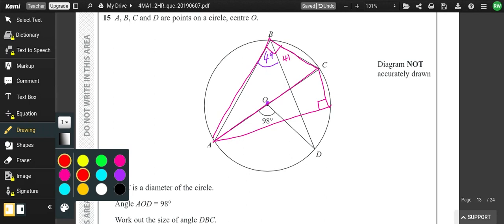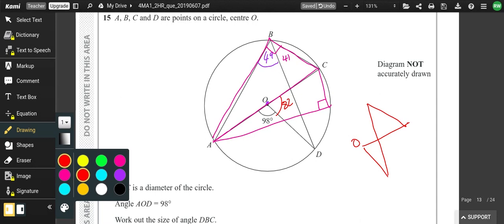If you wanted another way of doing this, we could work out that angle in there, 180 minus 98. So what does that give us? 82. And then if I just take the shape ODBC, so I'll try and draw it like this. It kind of looks like a bow tie, but that's when it's not touching the center.